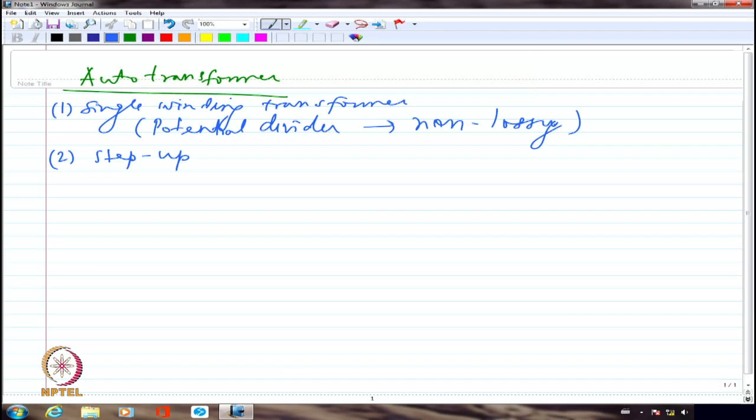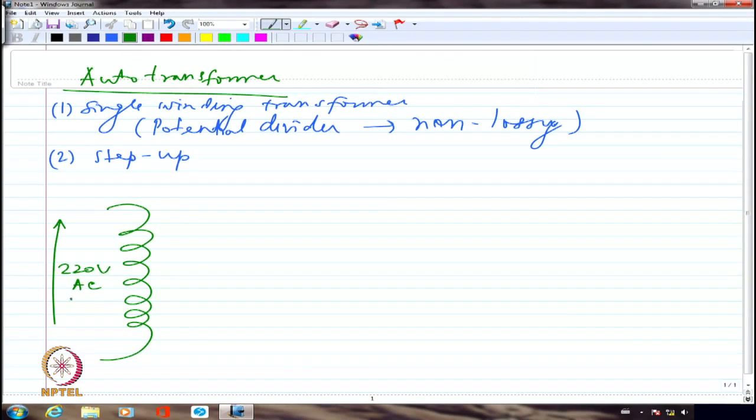So let us say this is my auto transformer, which is a single winding transformer, and let's say I am applying 220 volts AC single phase here, right? What I want is probably 210 volts. Then I may leave out only a few turns on the primary side. The secondary side will consist of a little fewer turns as compared to the primary side.